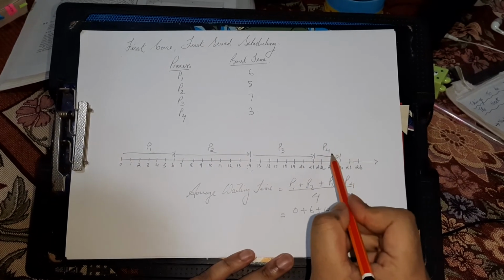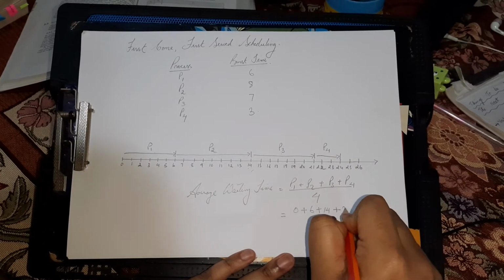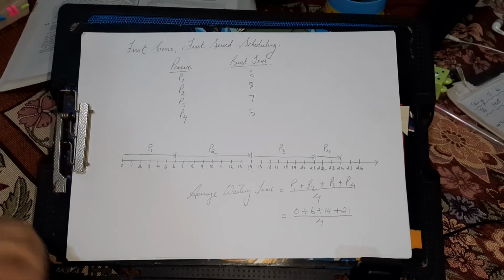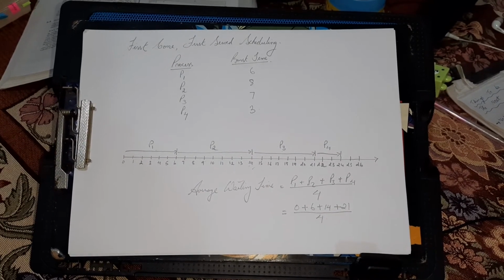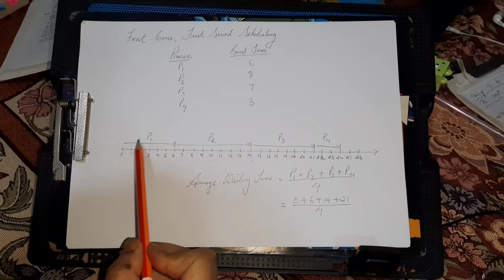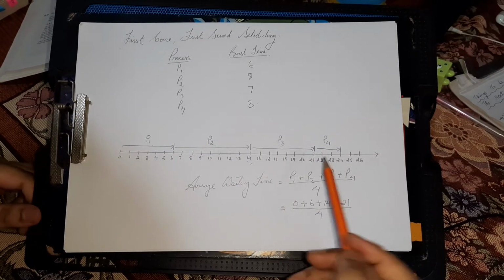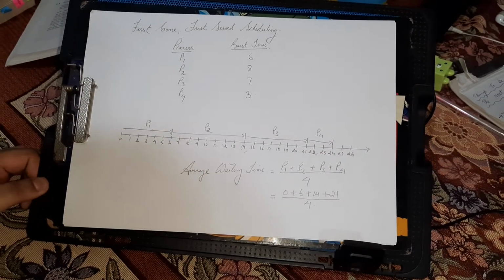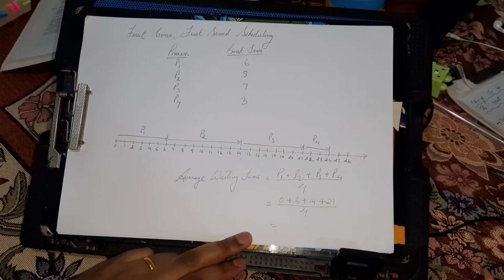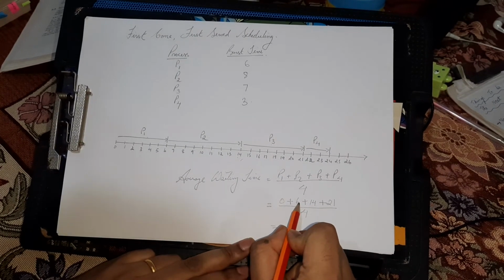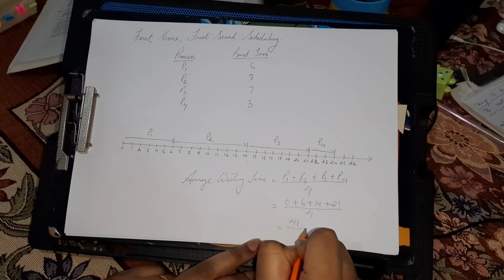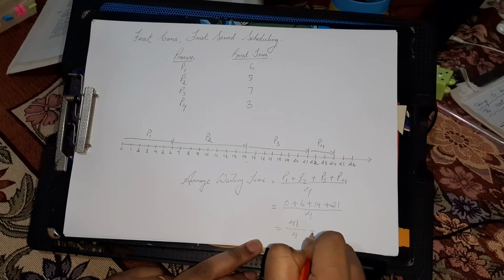And similarly, P4 had to wait 21 milliseconds in order to get the CPU. So you can see that P4 had to wait for P1, P2 and P3 to finish executing so that it can get the CPU. Now if we add all this up, 14 plus 6 will be 20, and 20 plus 21 will be 41, divided by 4.